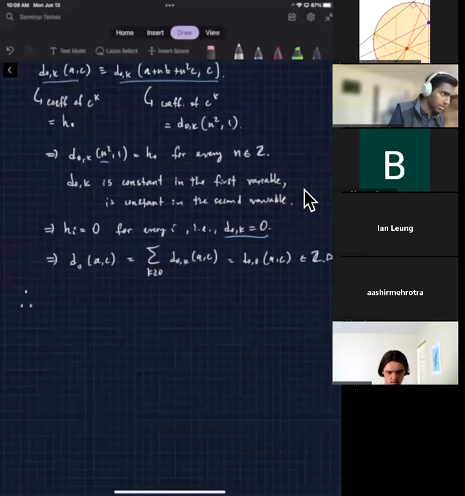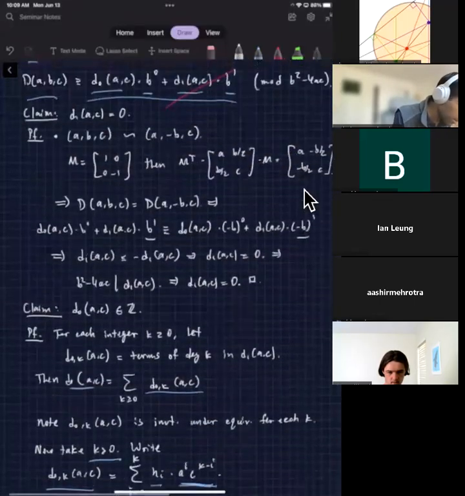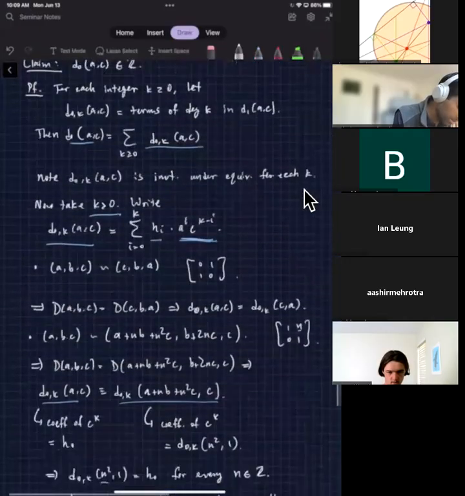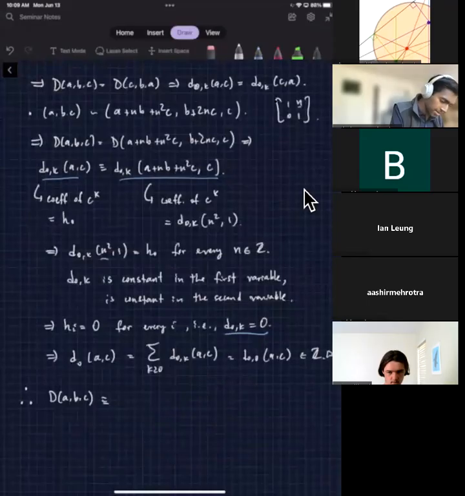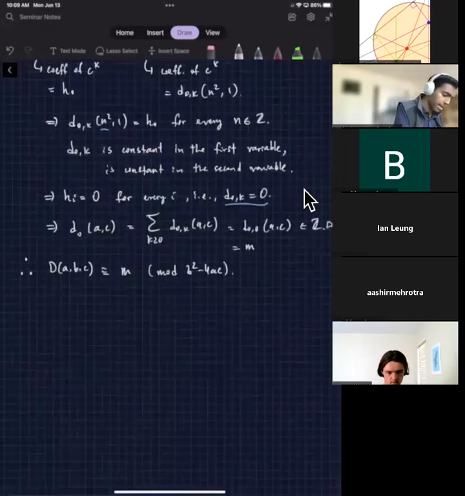Okay, the conclusion is that D(A, B, C) is congruent to... let's see, how did I write this? Maybe I'll call this number d naught of (A, C) m. So D(A, B, C) is congruent to m modulo b² − 4ac.